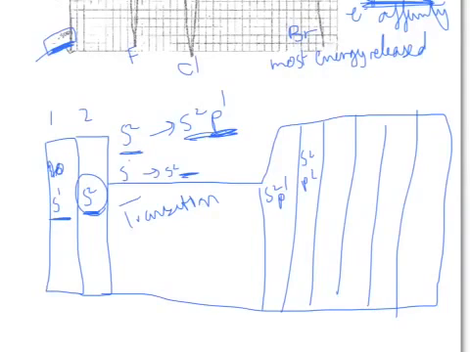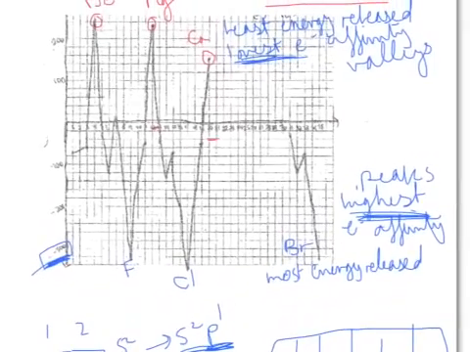Now the last thing that I wanted to point out is if you look at the values that you graphed, we didn't really talk about the noble gases at all. The values are not on the table that you graphed here.